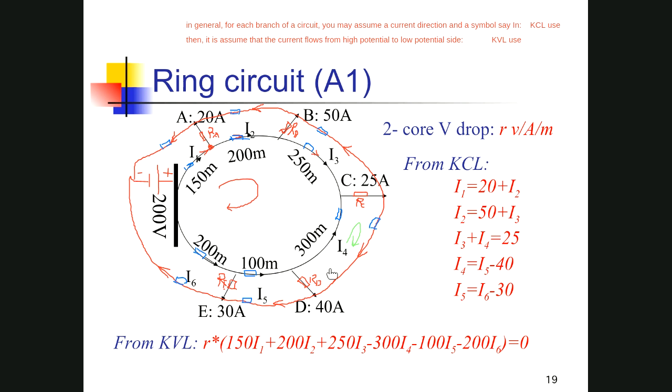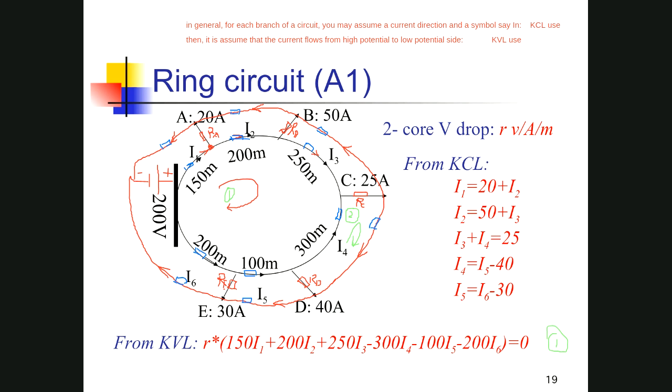And also RD with 40 amperes, that is what it rises. Suppose this is loop 1 and this is loop 2.